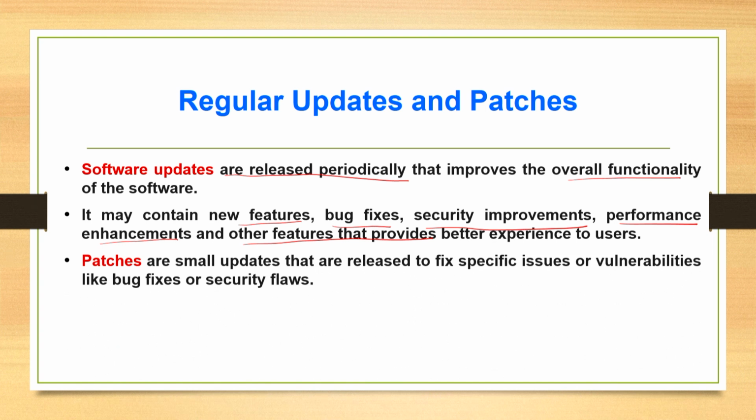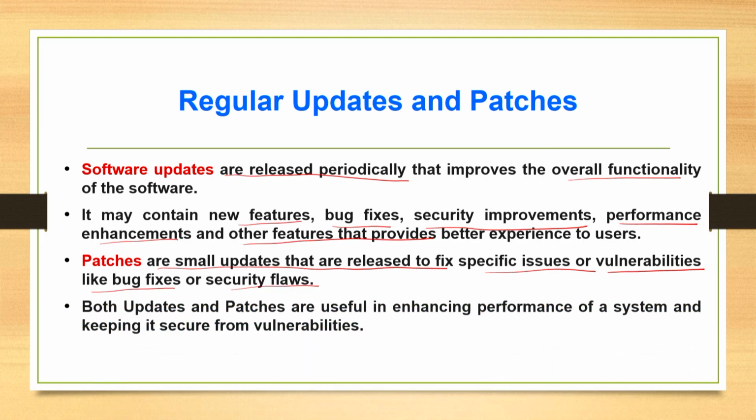Patches are small updates that are released to fix specific issues or vulnerabilities like bug fixes or security flaws. Both the updates and patches are useful in enhancing the performance of a system and keeping it secure from vulnerabilities.